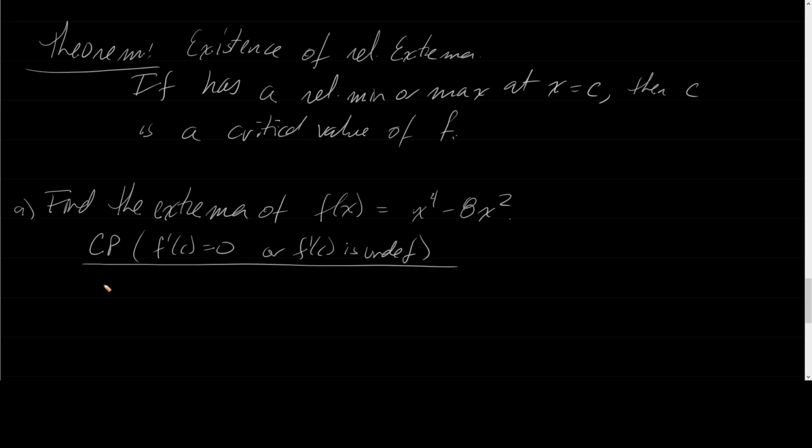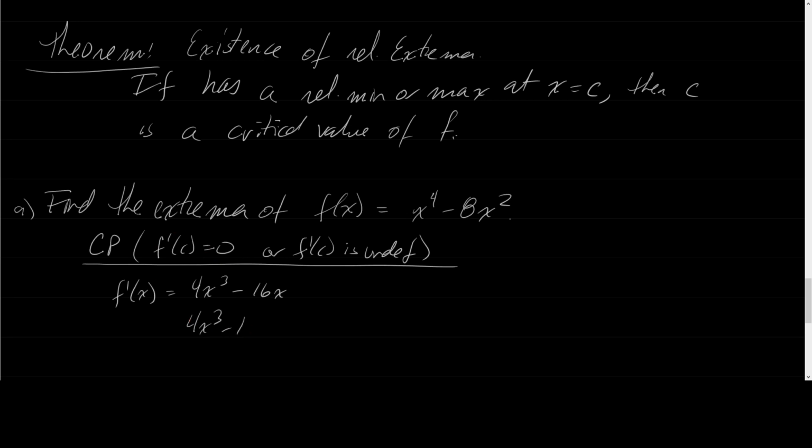So let's figure out what f prime of x is. f prime of x would be 4x cubed minus 16x. And this is telling me that the value c will make this derivative equal to 0. So let's solve for that.